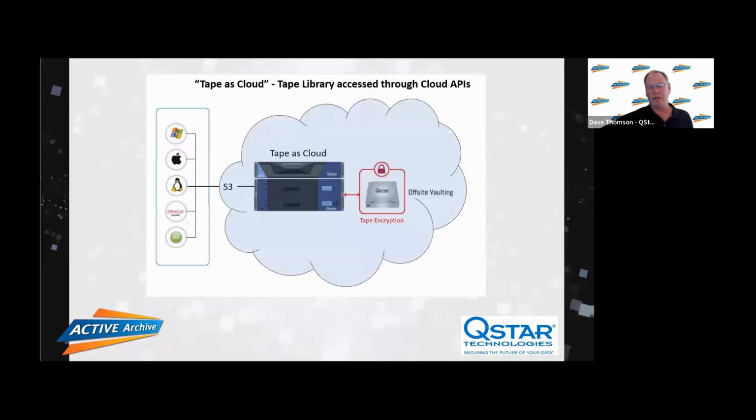So this is where exactly what Thomas was talking about as well, is the new concept is tape as cloud. So S3 became a significant interface that allows organizations to use that instead of, or as well as SMB and NFS. So we now have three options. In fact, if you've had QStar for a while, you can add S3 as another option to be able to pull the same data that you've written out through SMB.